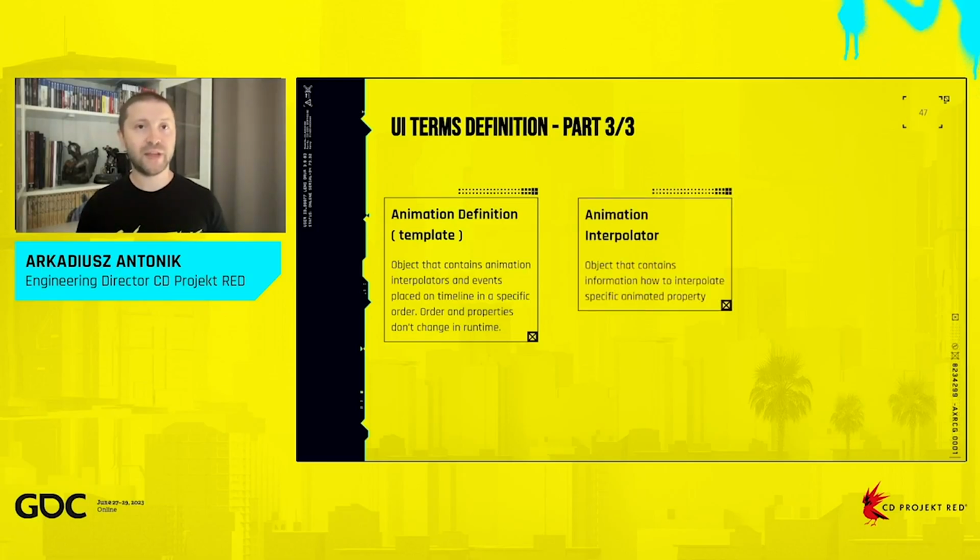Going further, we have a next object type, animation interpolator. It's an object that contains information how to interpolate specific animated property. For example, position, rotation, color, text, effect, or even video.